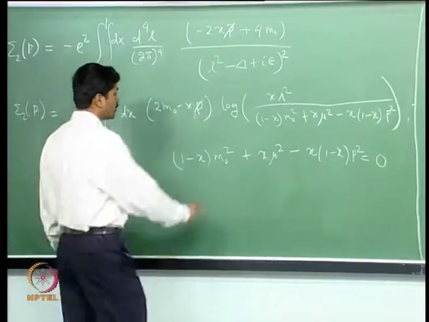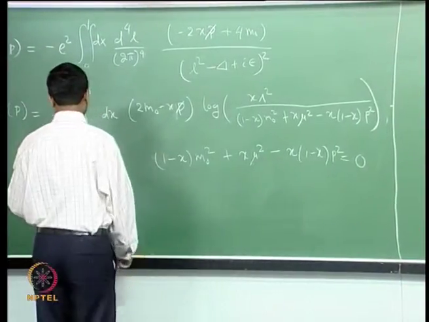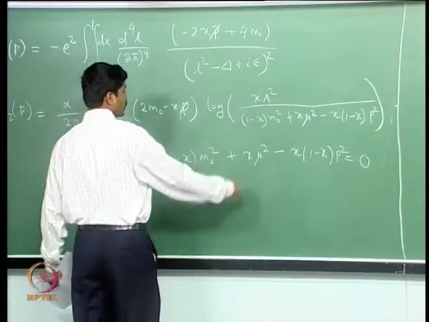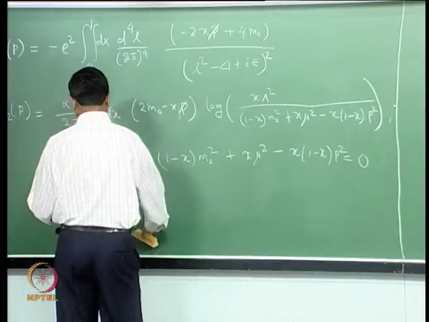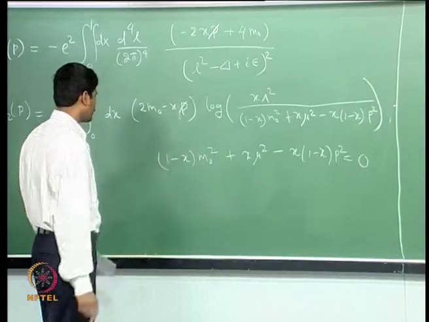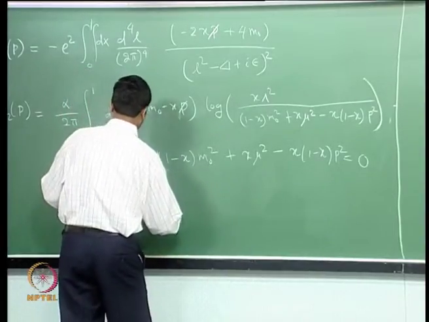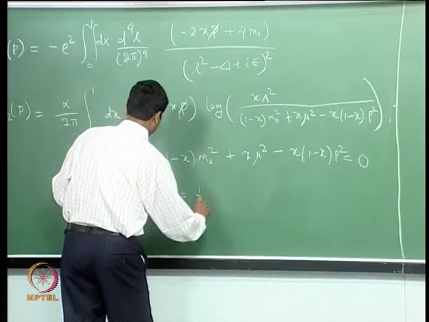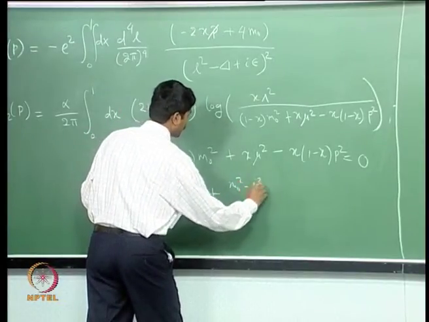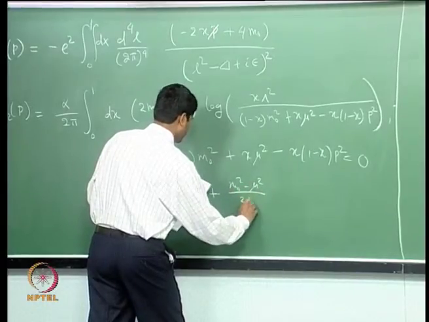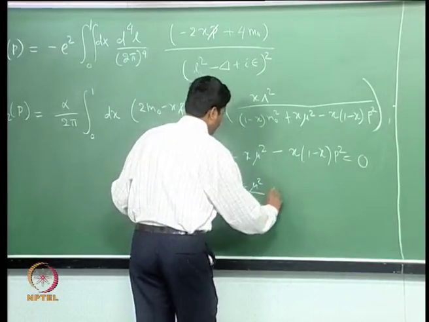And you can solve this equation, which is a quadratic equation in x, and the solution is utterly trivial. It will be given by x equal to half plus m 0 square minus mu square divided by 2 p square plus or minus k.